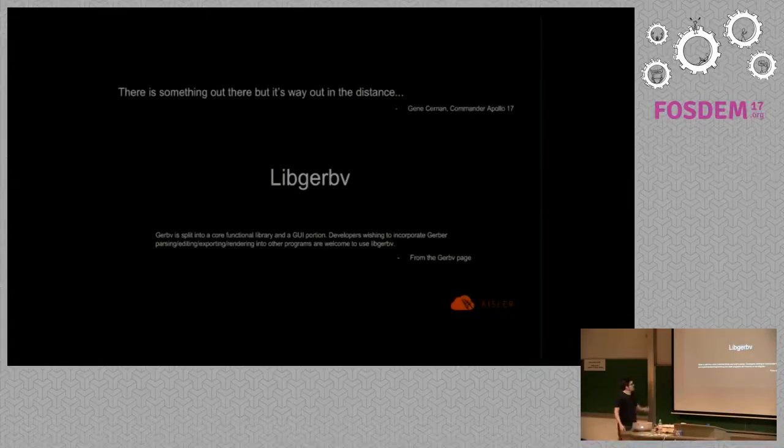So the homepage says Gerbv is split into a core functionality library and a GUI portion. Developers wishing to incorporate Gerber parsing, editing, exporting, rendering into other programs are welcome to use Libgerbv. So I thought, oh wow, this is handy. Why is no one using this? If you look up Libgerbv on Google, you get the documentation, and that's it. No one's really using this library.